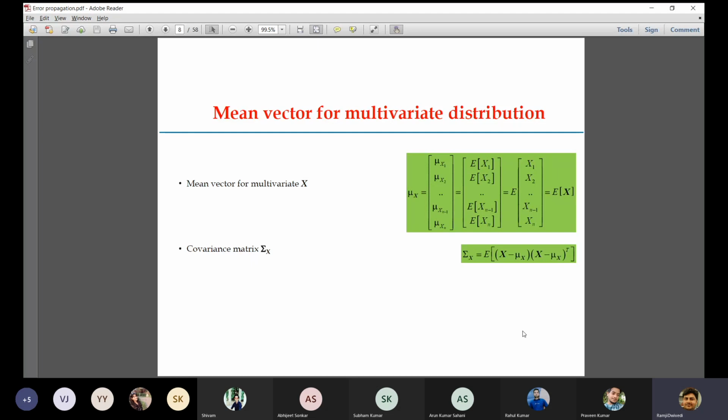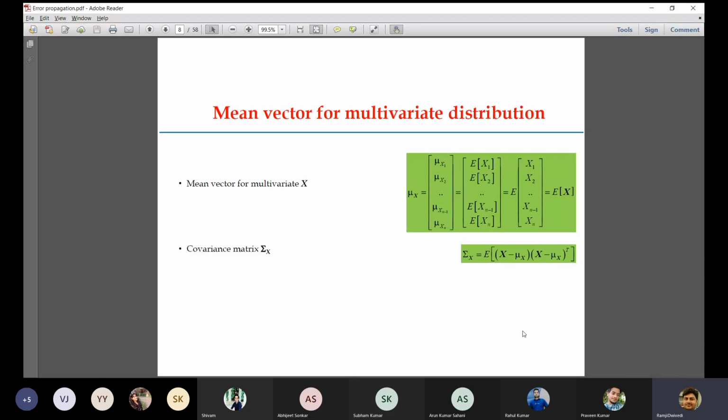in terms of the expectation operator, and in a combined manner you could write it as the expectation of bold x, which is a vector, that becomes mu x. Correspondingly, there is a little class work which you can do right now, to understand the covariance matrix sigma x.